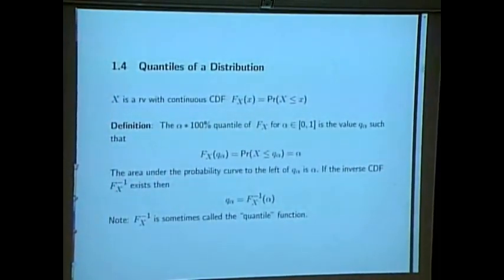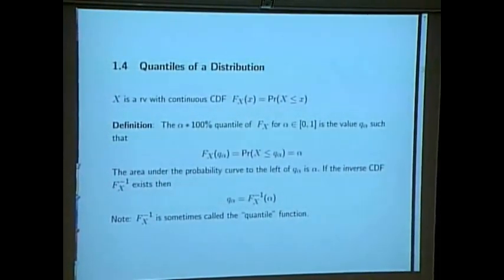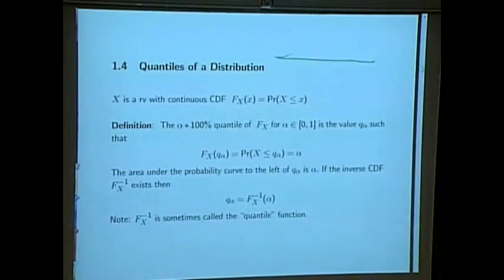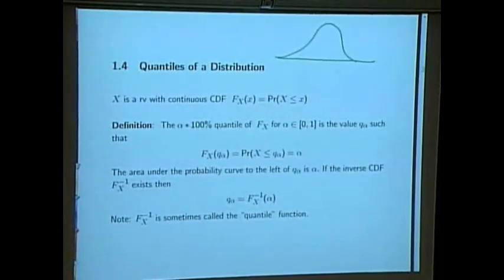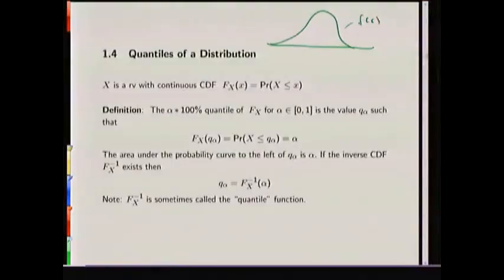Now, the best way of thinking about this is to draw a picture. So the idea here, if this is the probability curve, say f of x, and let's specify some probability here, alpha. Say alpha is equal to 5%.